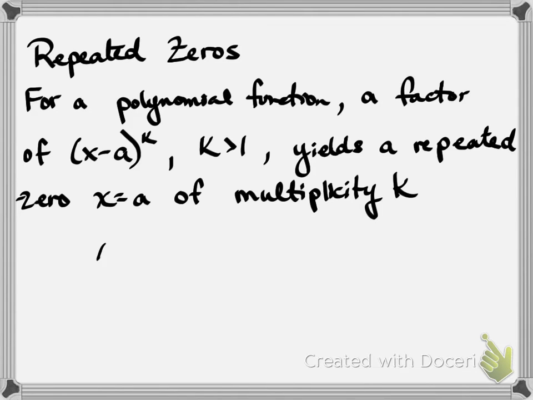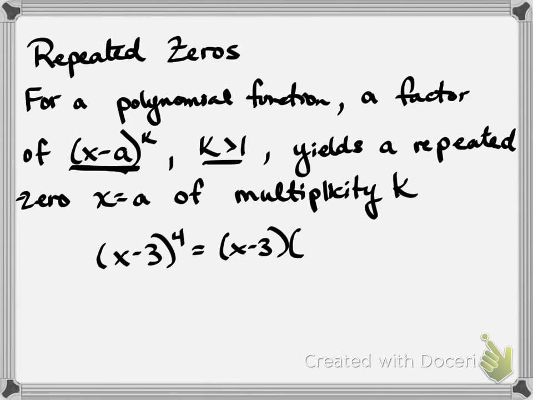So it's just saying if you've got like (x minus 3) to the 4th power. So I'm making a scenario for that. As long as k is a positive number greater than 1, then we have a repeated 0. So this would give us 4 x minus 3's, right? That's what that means.